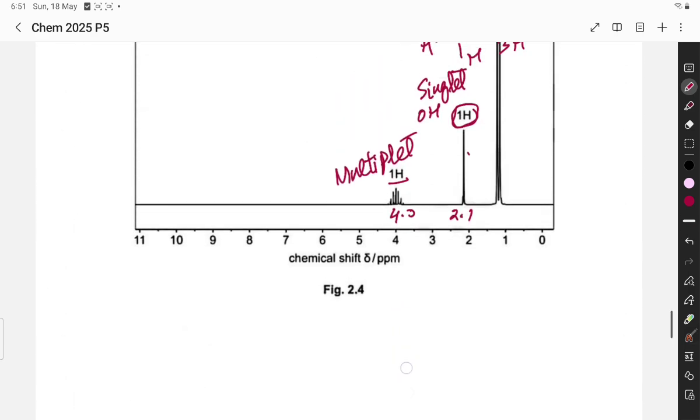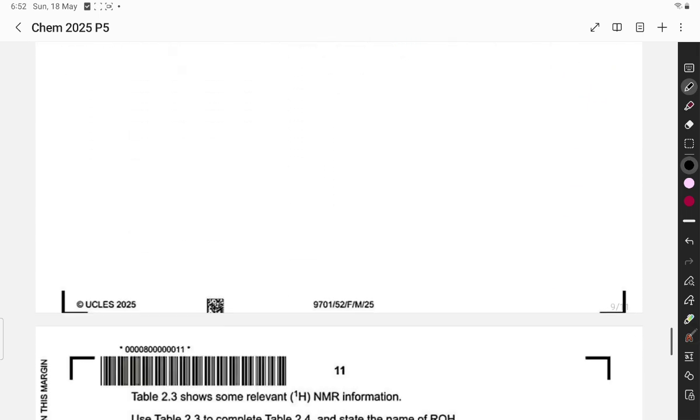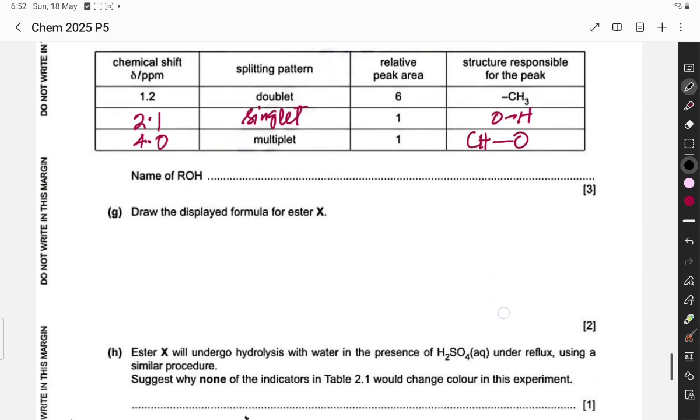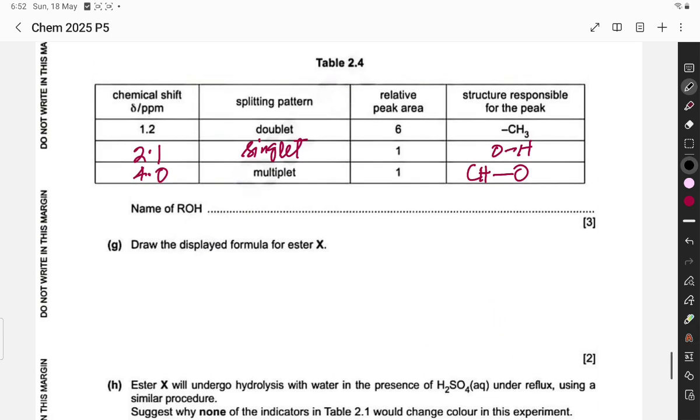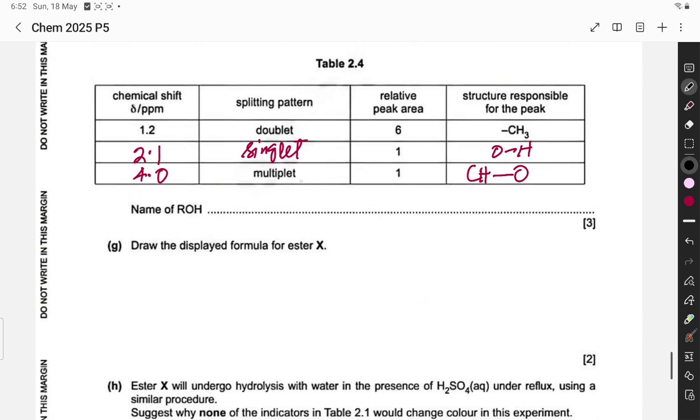The CH is responsible for the multiplet peak because there are 3 hydrogens on this side and 3 hydrogens on this side. So ROH is propan-2-ol.